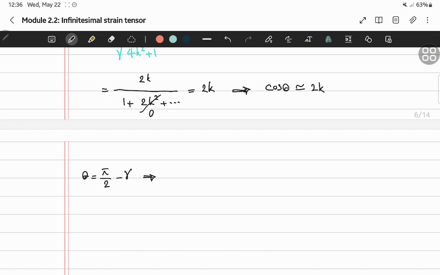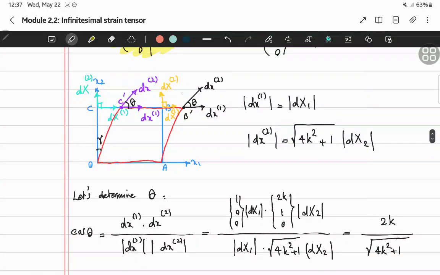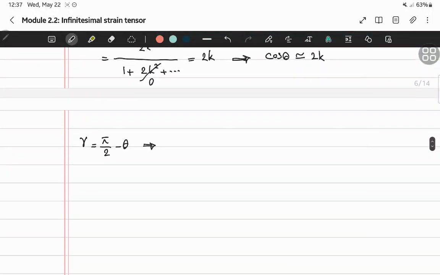Therefore gamma is going to be half pi minus theta. Okay, I think I made a mistake, sorry. The first one was correct: theta is equal to half pi minus gamma. So cosine theta is equal to cosine of half pi minus gamma, which becomes sine gamma.